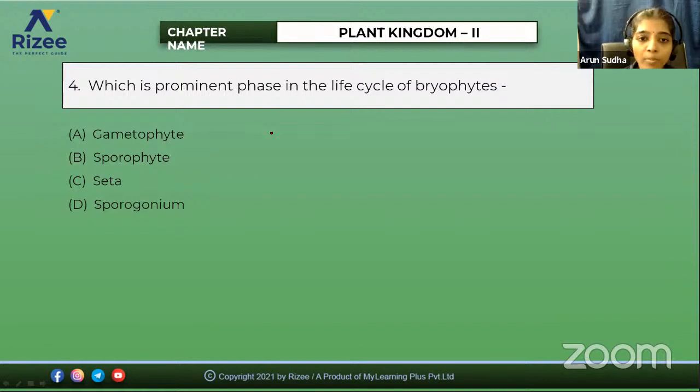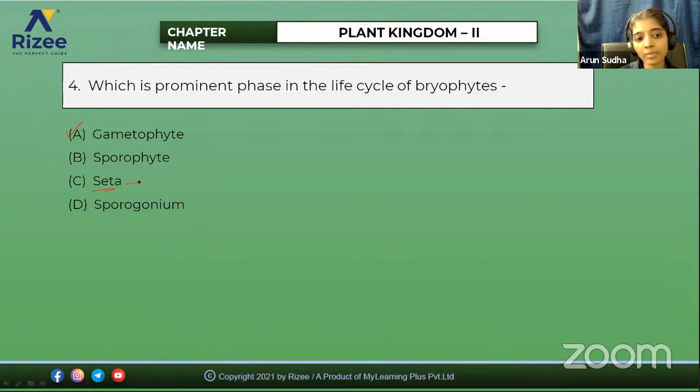Which is the predominant phase in the life cycle of bryophytes? Whether it is a gametophyte, sporophyte, seta or sporogonium. So what is the correct answer for this? Yeah, A. Good, Karunya. So we saw in detail about the life cycle of bryophytes. Here, the gametophytic phase is more dominant than the sporophytic phase. And seta, so what is seta?